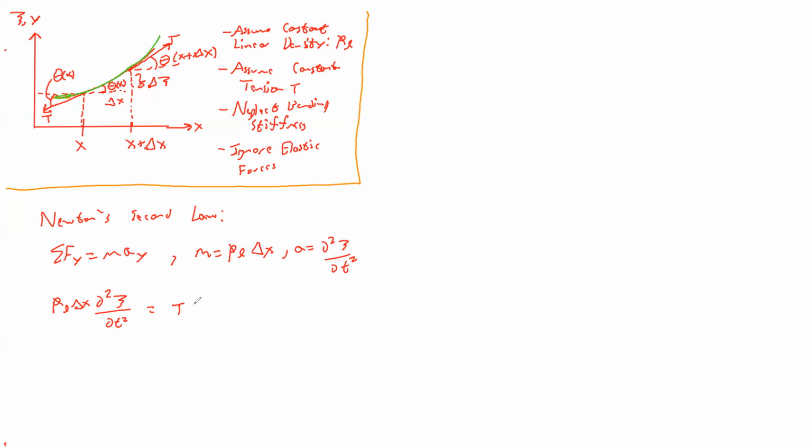So it's tension times sine of theta of x plus delta x minus tension times sine theta of x. Okay? So that's the vertical projection of tension on this side minus the vertical projection of tension on this side. And this side is positive just because of the way I've drawn it.